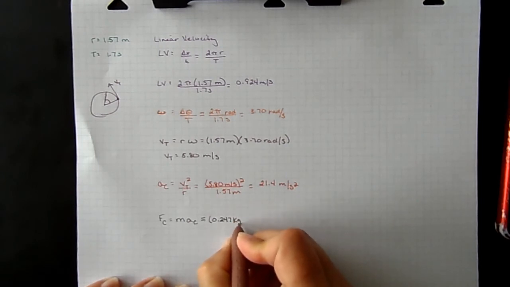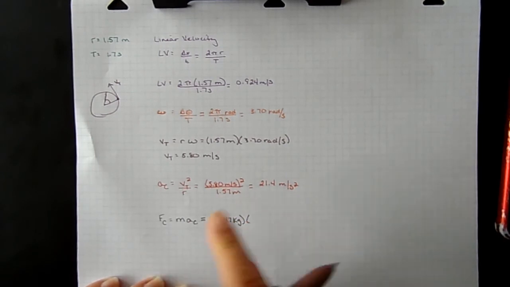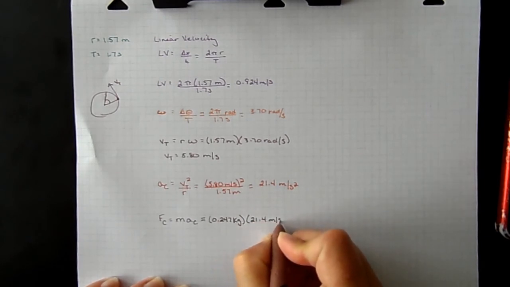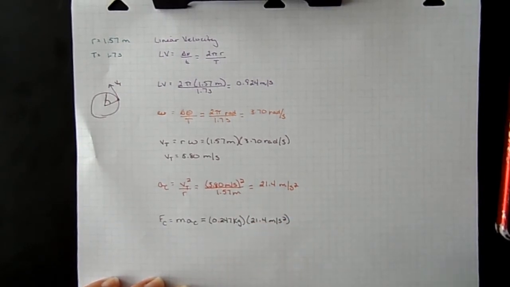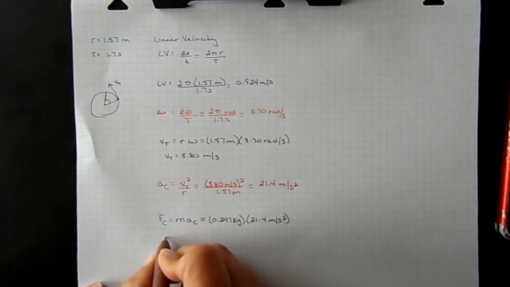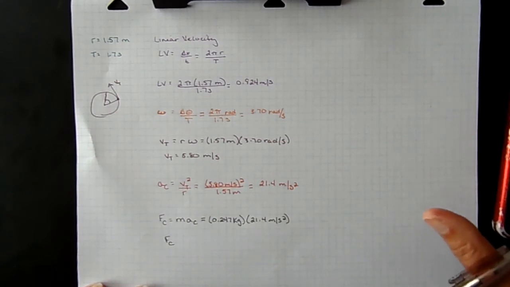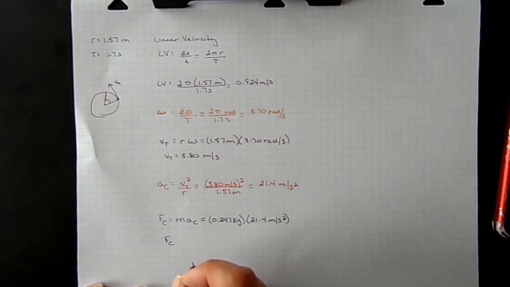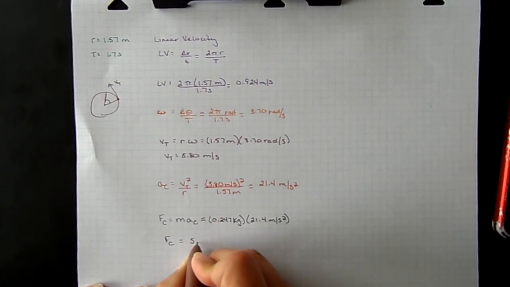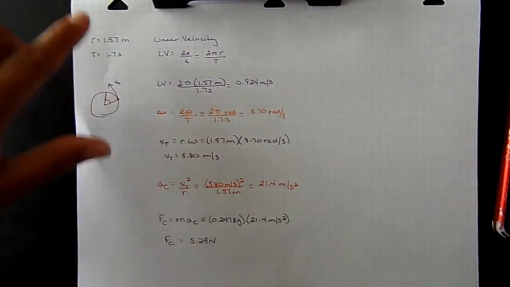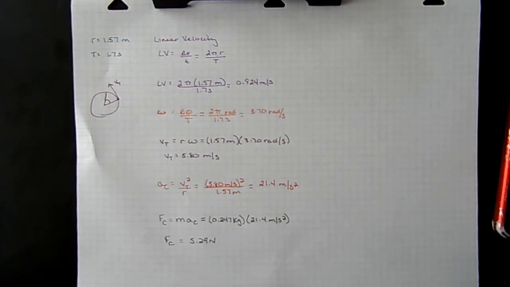Convert that to kilograms, and then multiply by this centripetal acceleration. And so your centripetal force is going to be 5.29 newtons. So those are your calculations for your angular velocity lab.